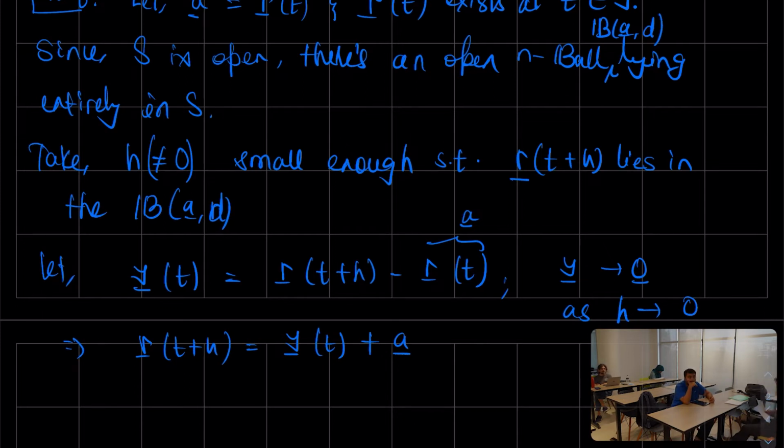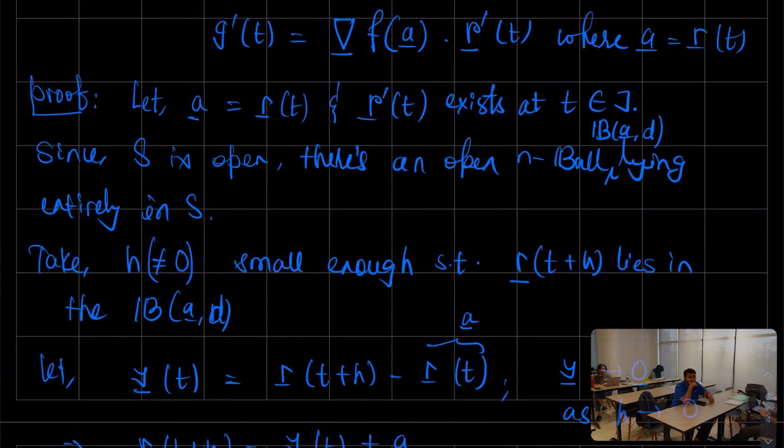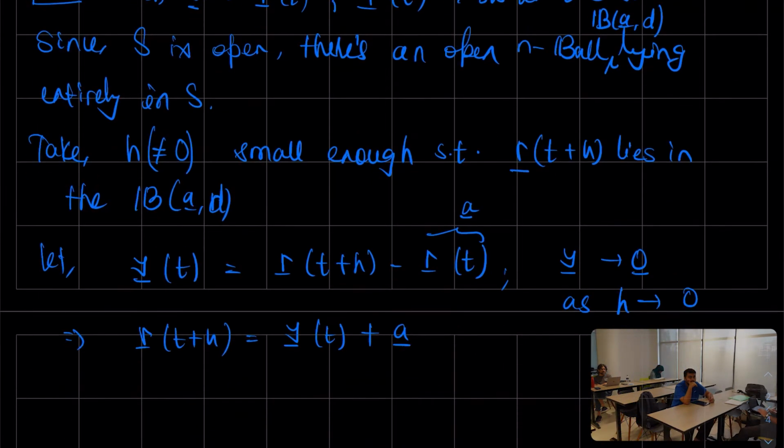Actually, the A is the thing here. r of t plus h is some point which is very close to A. So you're not saying that r of t plus h is A. The notation is that A is a fixed point. Right. That's okay.